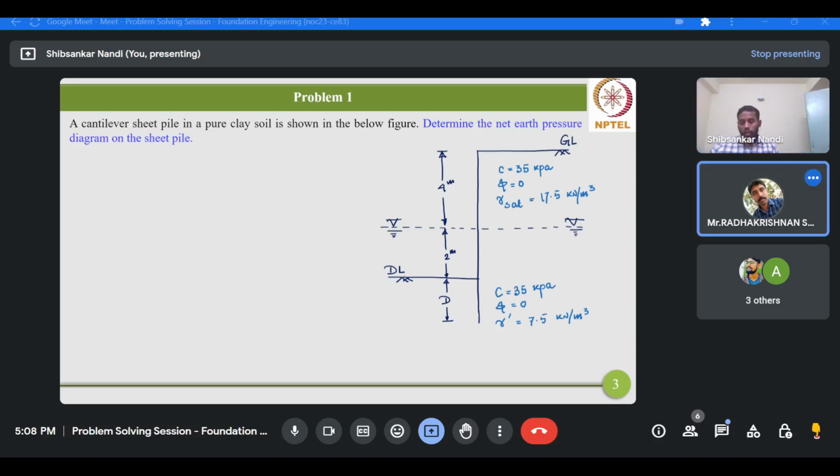Okay. So as you know, depending on the deflected pattern of this wall, we can divide the entire soil mass zone into 4 regions.